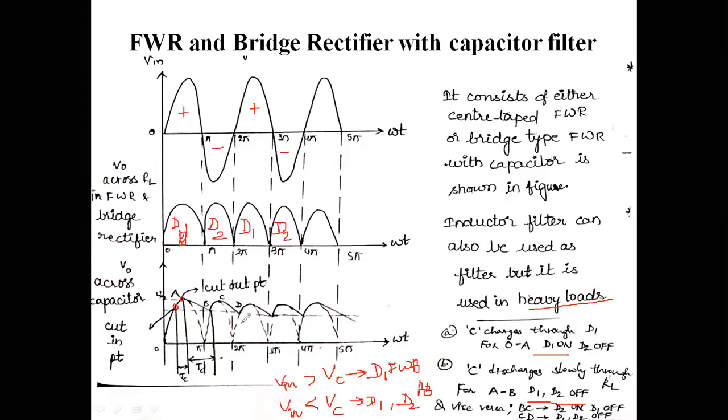From B to C, D2 is in on condition and D1 is in off condition. From C to D, D1 and D2 are both in off condition.